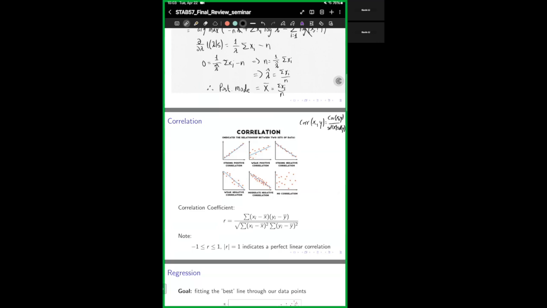And then we have to remember that the bottom part over here will always be greater than or equal to the top. So the correlation will always be bounded below by -1 and above by 1. So -1 is less than or equal to r, which is less than or equal to 1.